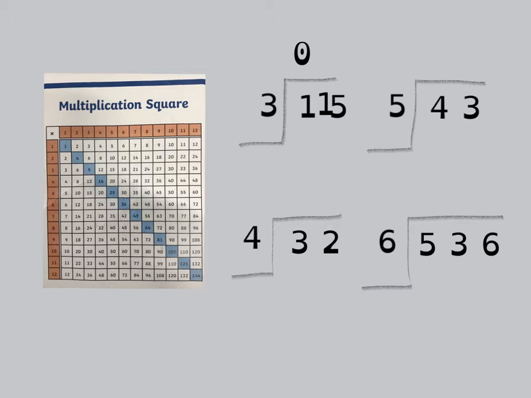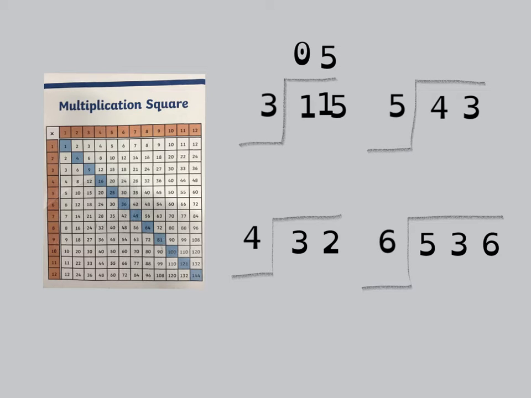So 15 divided by 3 is, if you look at your multiplication square, or you count up with your fingers in threes, there are 3 5s in 15. So that's your final answer here, 5. Okay, so your final answer is 5. 15 divided by 3 is 5.